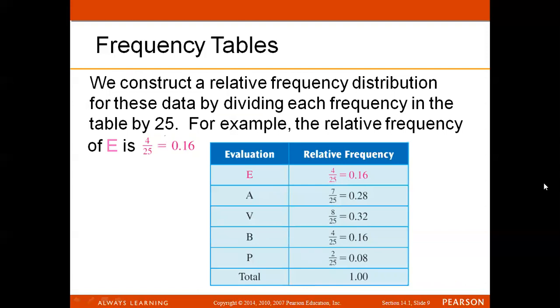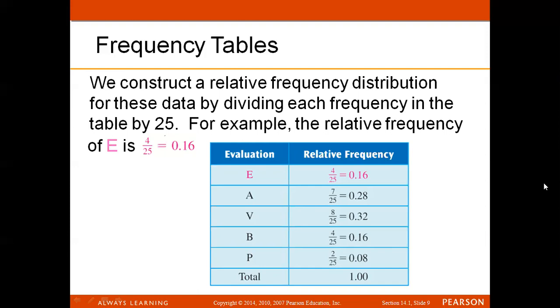We construct a relative frequency distribution for these data by dividing each frequency in the table by 25. For example, the relative frequency of E is 4 divided by 25, which equals 0.16. A has a relative frequency of 7 divided by 25.